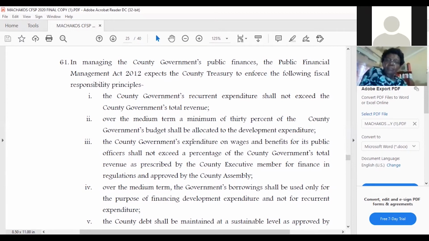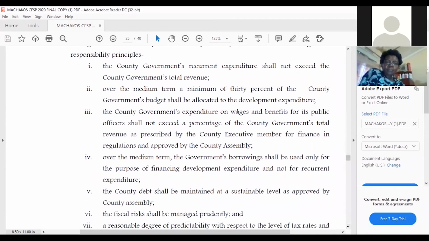And then the county government expenditure on wages and benefits for its public officers shall not exceed a percentage of the county government's total revenue, as prescribed by the county executive member for finance in regulations and approved by the county assembly. So you can see that all these laws, the county government has to adhere to. And also over the medium term, the government borrowing shall be used only for the purpose of financing development expenditure and not for recurrent expenditure. Have you understood that? Yes.